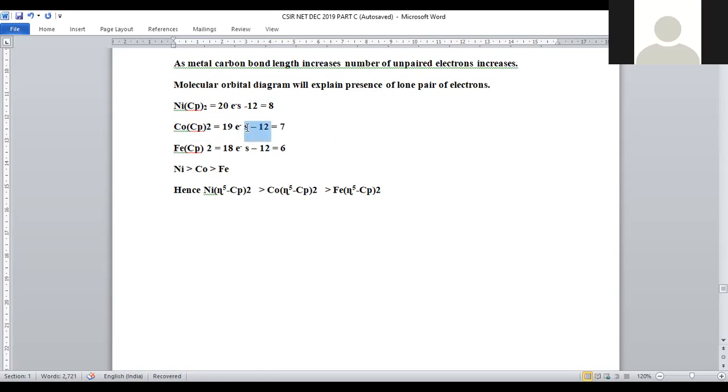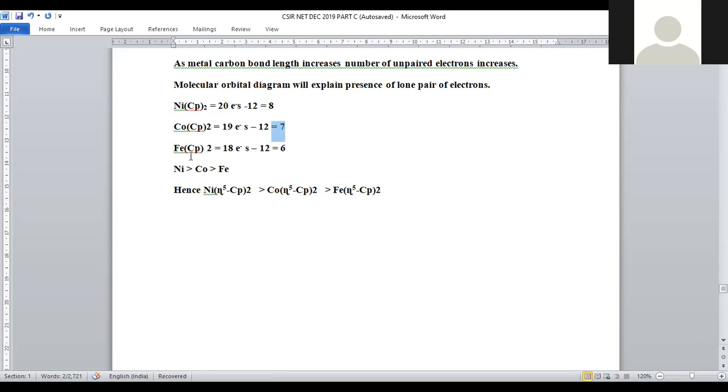Now subtract 12 from this, so the total unpaired electrons in this complex will be 7.